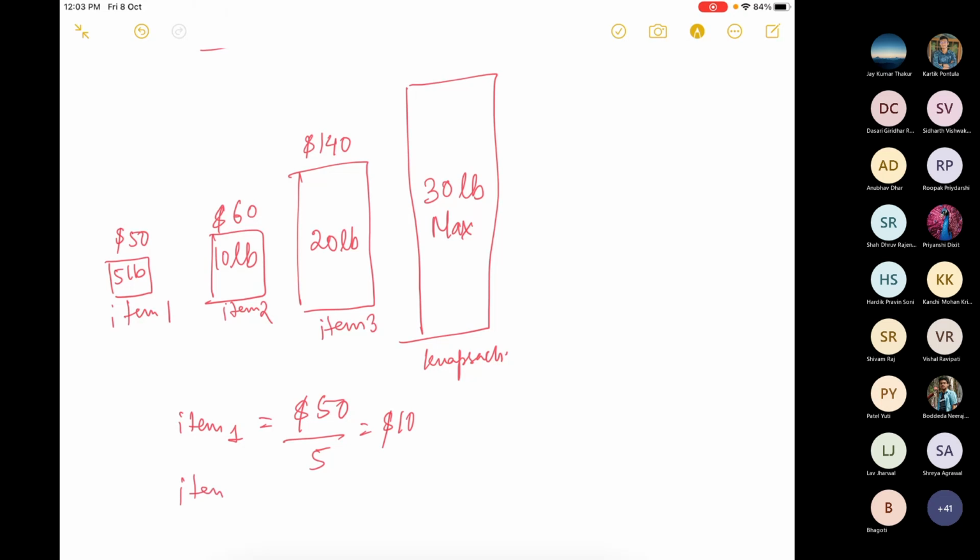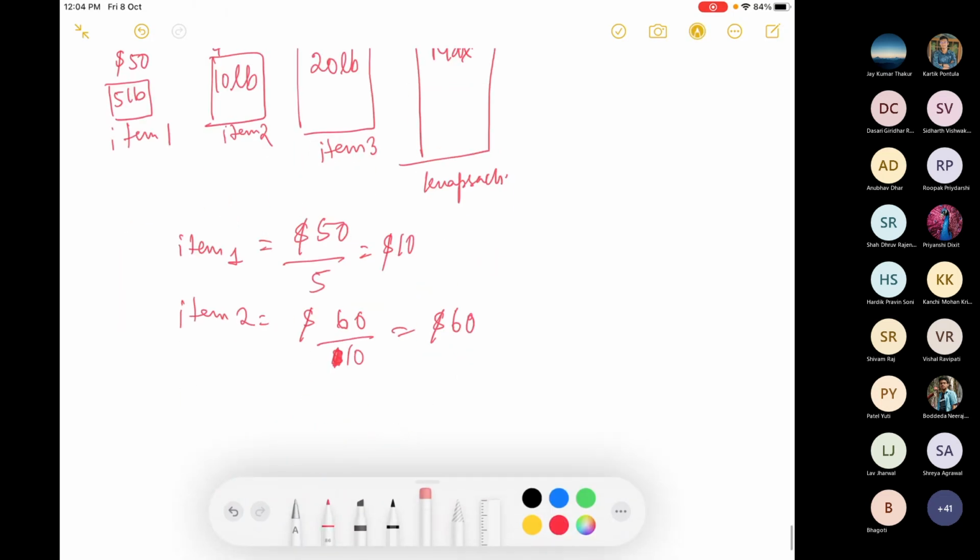For item 2, $60 by 10 LB. That is $6. And item 3 is $7.